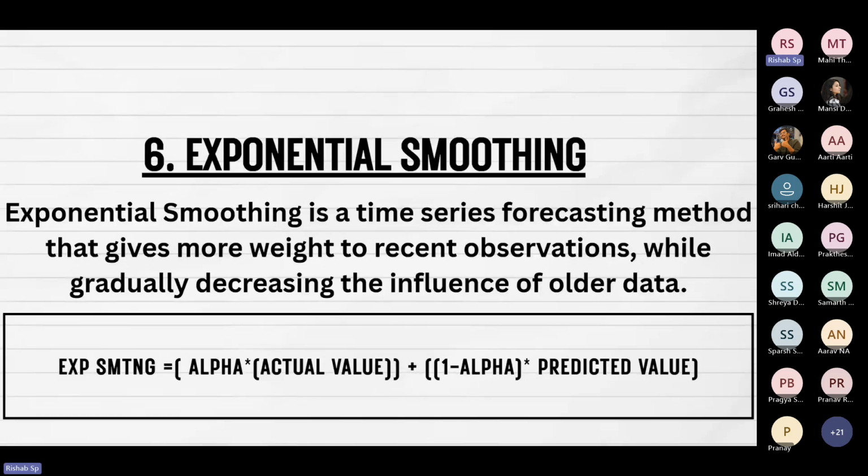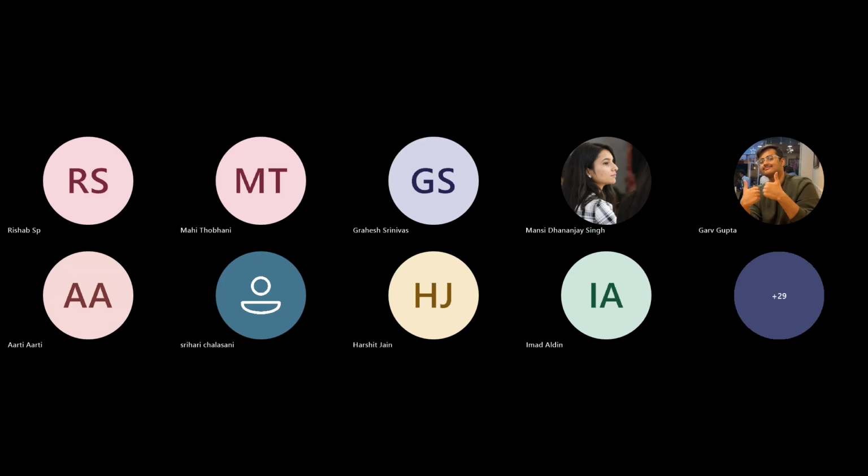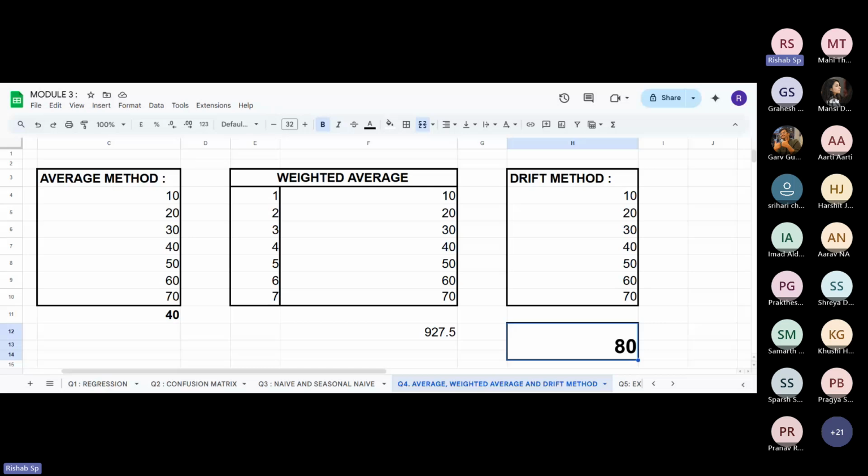So next we have exponential smoothing. Exponential smoothing is a time series forecasting method that gives more weight to recent observations while gradually decreasing the influence of older data. I'll give you guys an example. My Excel is visible, right?